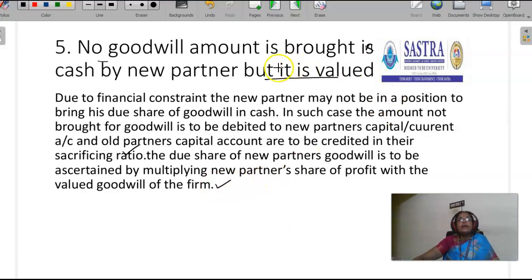If he fails to bring, sometimes due to some financial constraints or crisis, he may not be able to bring his due for goodwill in cash or kind. So in that case, the amount which is not brought by the new partner for goodwill is debited to the partner's capital or current account, credited to the old partners' capital account in their sacrificing ratio.